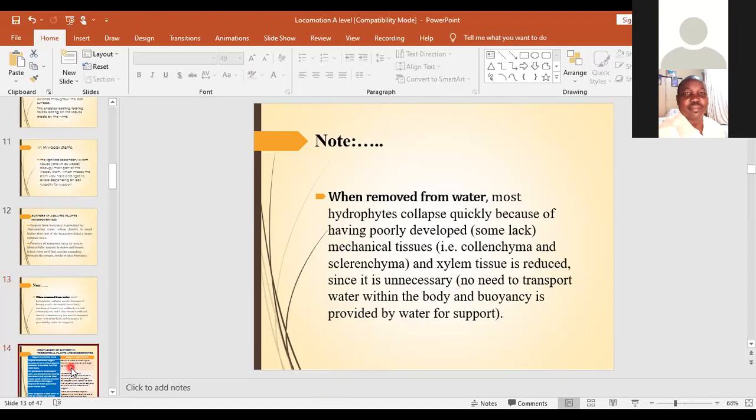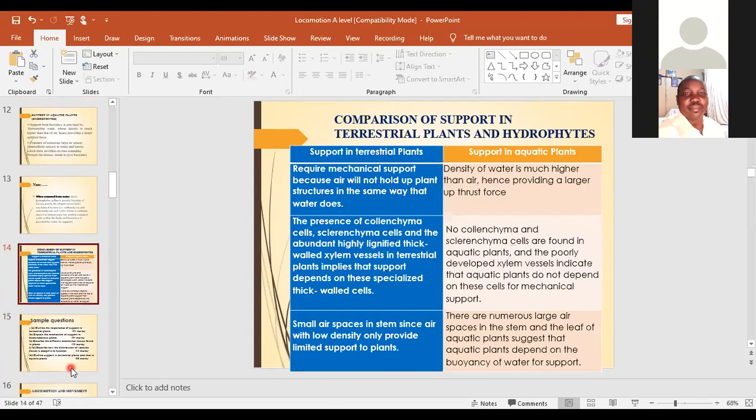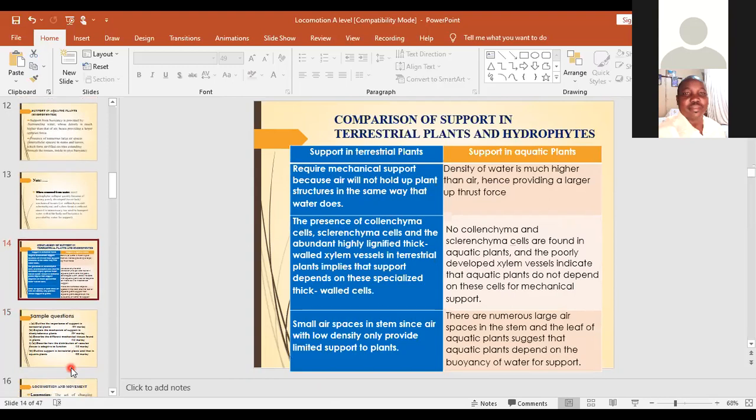So when you look at this, we look at the comparison in terms of support in terrestrial plants and hydrophytes or aquatic plants. One is that the terrestrial plants require mechanical support because air will not hold up the plant structures in the way water does, because air is less dense and therefore does not provide strong buoyant upthrust that can keep a plant in position.